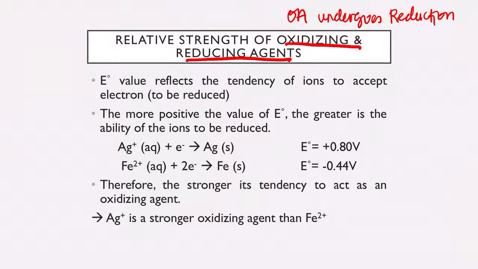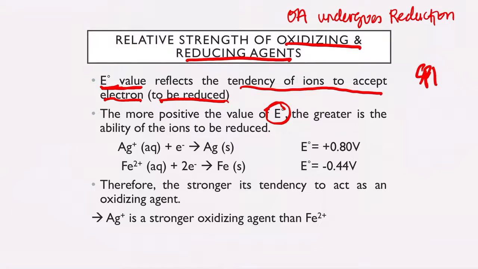Okay, so what does your E naught value tell you? It reflects the tendency of your ions to accept electrons or to be reduced. So the more positive your E naught is, maksudnya lebih atas dia dekat dalam SRP table awak tu, then the greater the ability of the ions to be reduced.